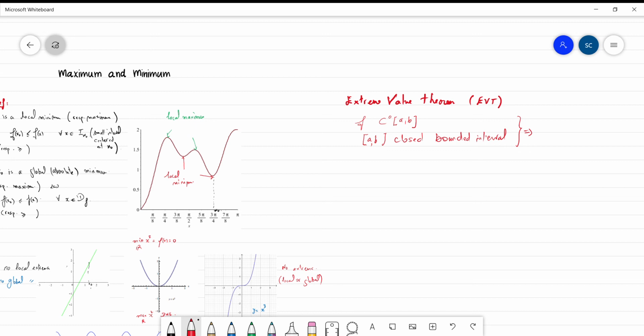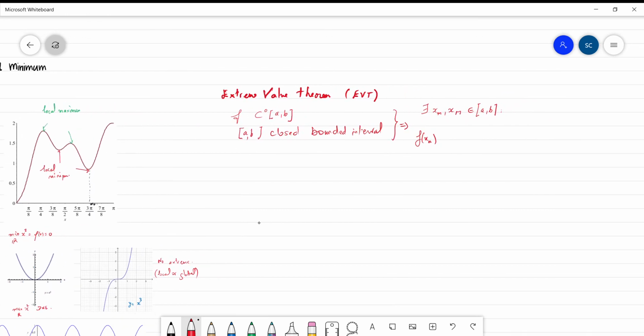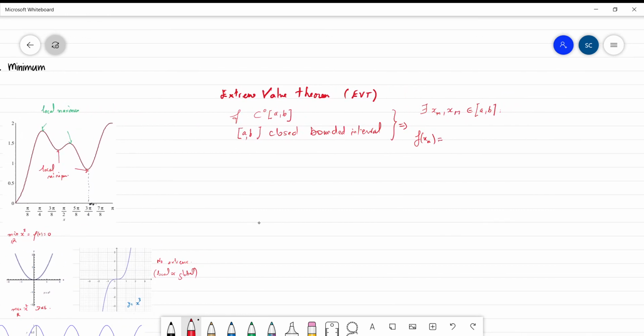So there exists an x_m, at least one, not necessarily only one, in the interval [a,b], such that f(x_m) is the minimum of f over [a,b], and f(x_M) is the maximum of f over [a,b]. So this is our theorem.